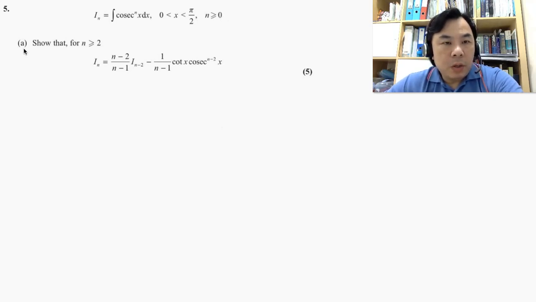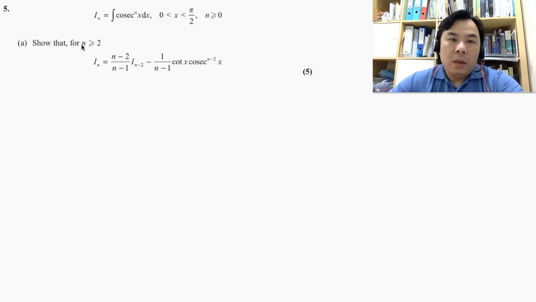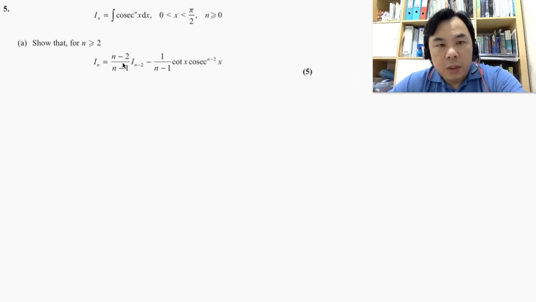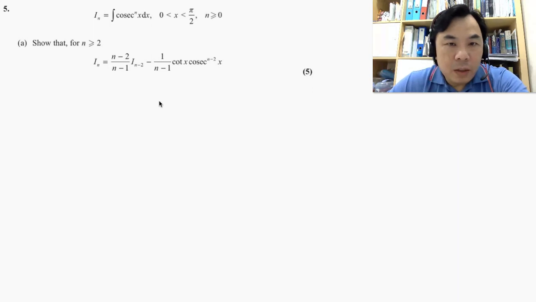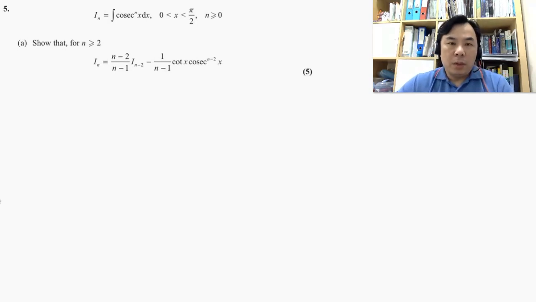Now, the first question is: show that for n greater than or equal to 2, the following reduction formula is correct. Let's look at how we're going to work this out. There are a few tips for those who are using this as exam material.